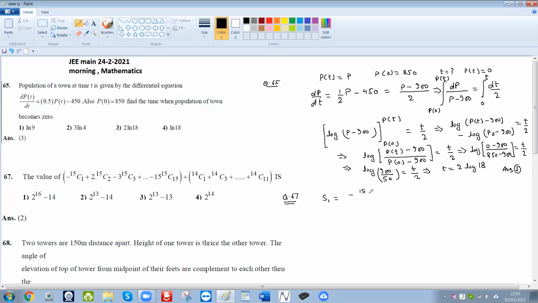S1 is minus 15 C1 plus 2 into 15 C2 minus 3 into 15 C3 going up to minus 15 into 15 C15.